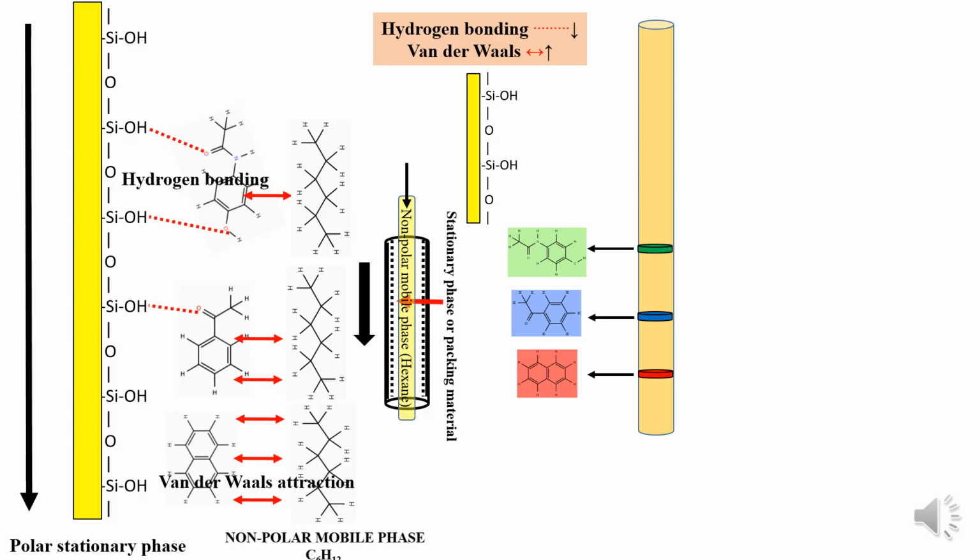So here we have the polar stationary phase with polar silanol groups. Let's say the acetophenone molecule labeled as A is binding strongly to the polar silanol groups via hydrogen bonding by adsorption. At the same time, the non-polar mobile phase is flowing through the column.